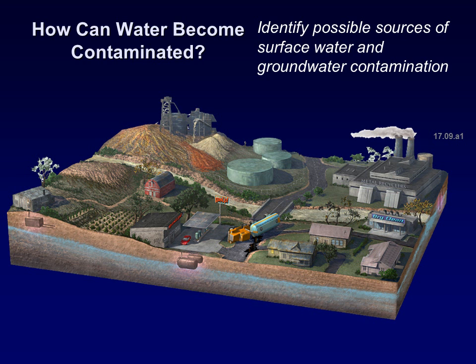All right, what do you already know about water contamination? I'm sure you have heard about water contamination on the news. Last year there was a big scare about pharmaceuticals in the water, the BP oil spill contaminating water.